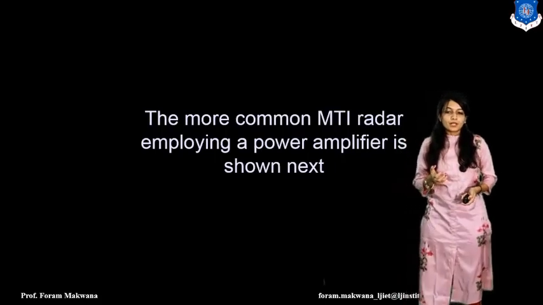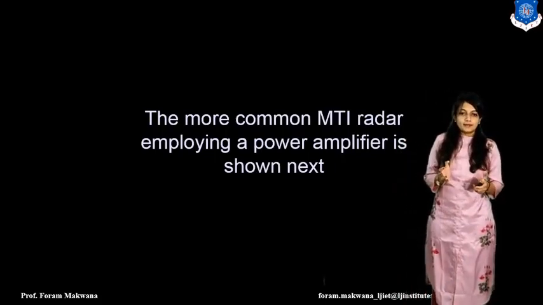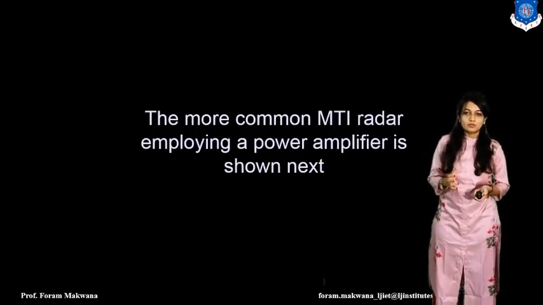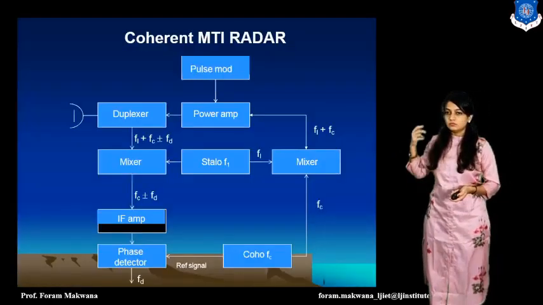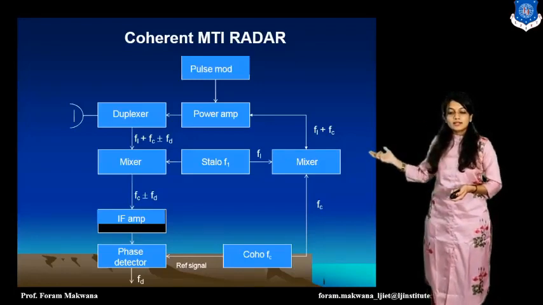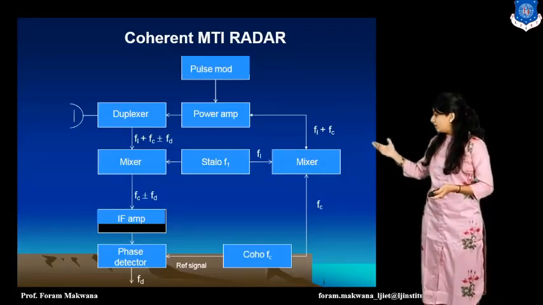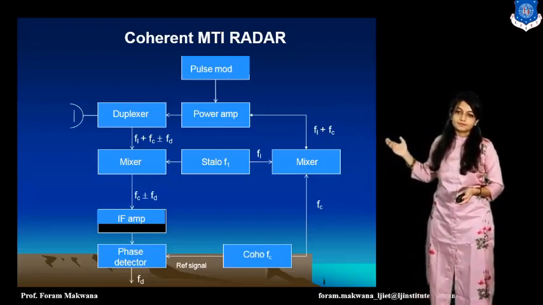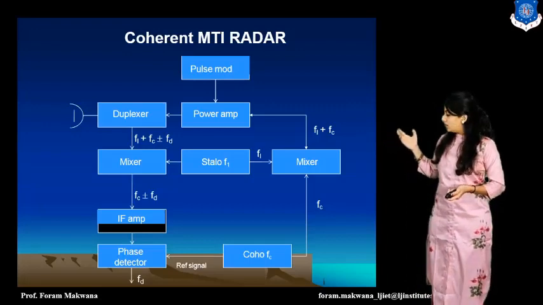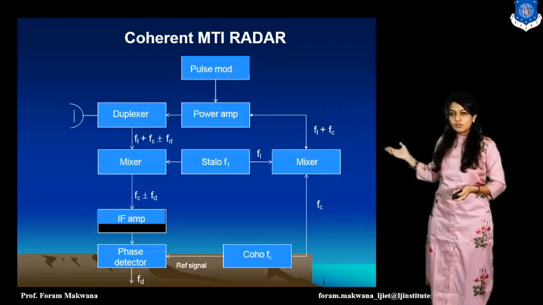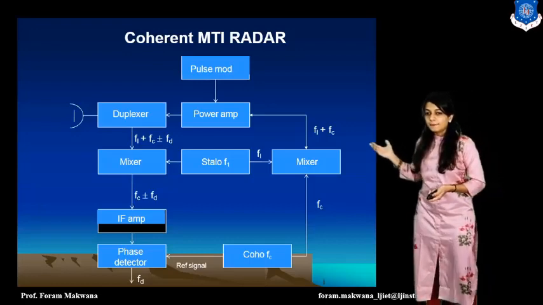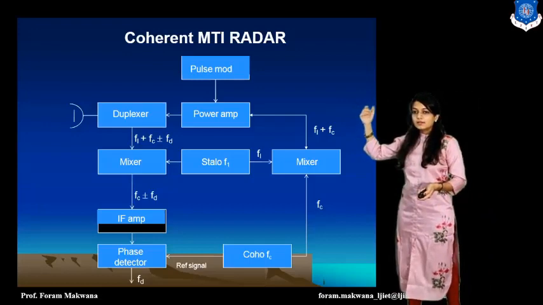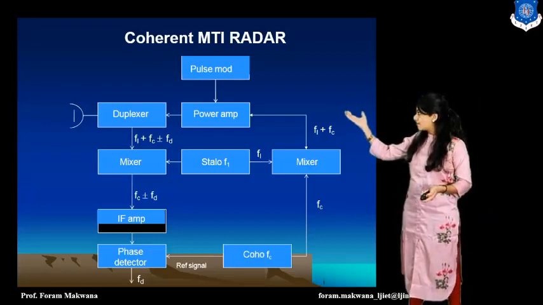So the more common MTI radar uses a power amplifier. How? We are going to understand that concept with the help of the block diagram of coherent MTI radar. In this block diagram, you can see that the power amplifier is there, and the first block is a duplexer.